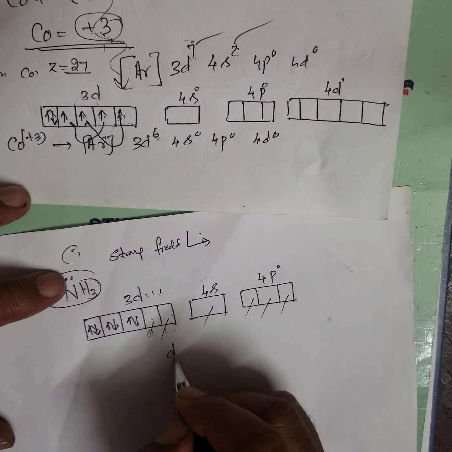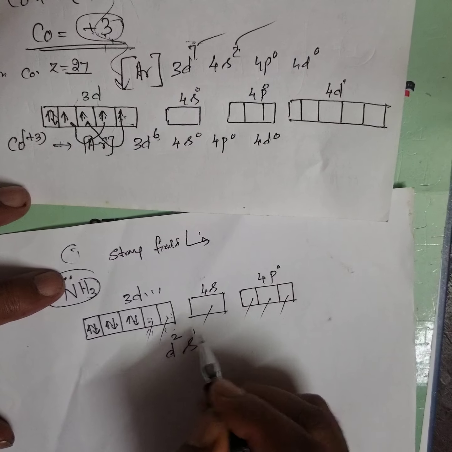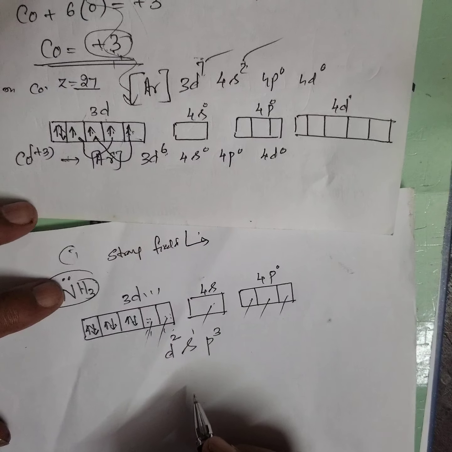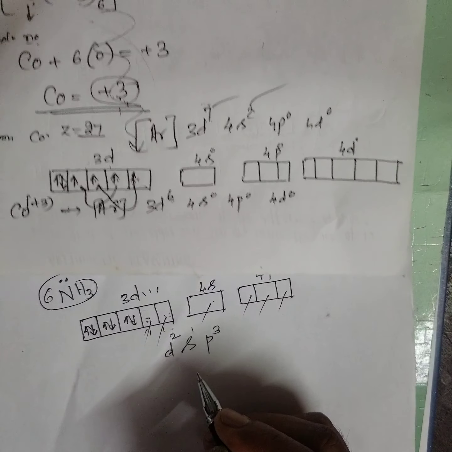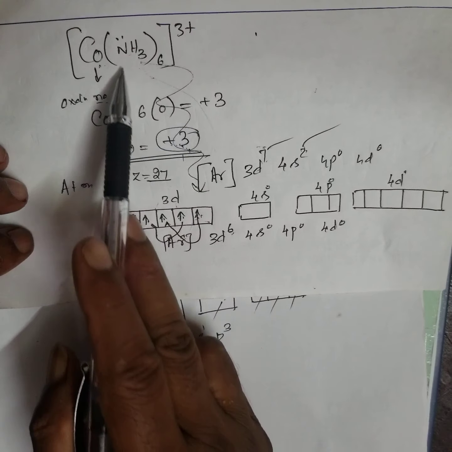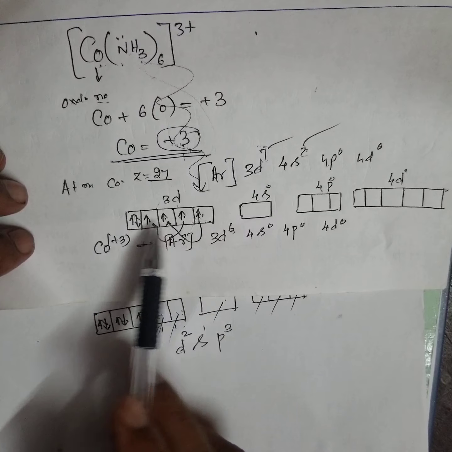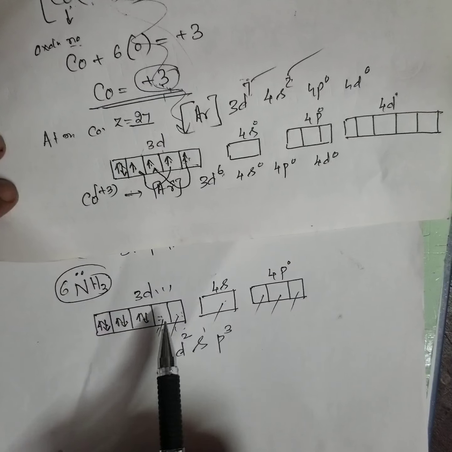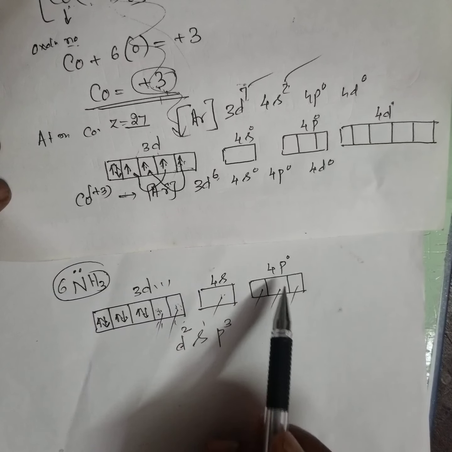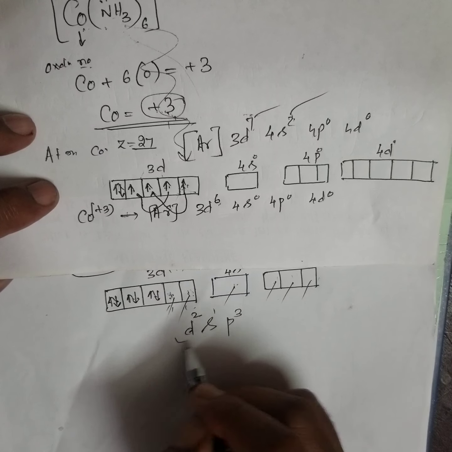That means 2 d orbitals, 1 s orbital, 3 p orbitals. Therefore, what happens is that this ammonia makes the electrons come and forcefully pair. Now this place becomes vacant. Now you have 6 orbitals.